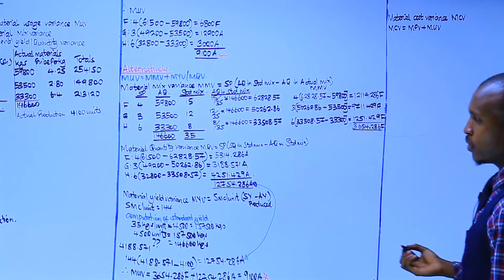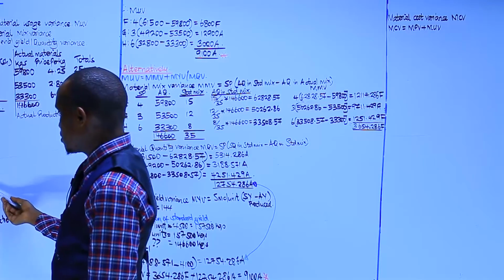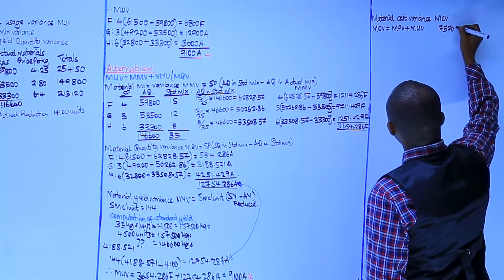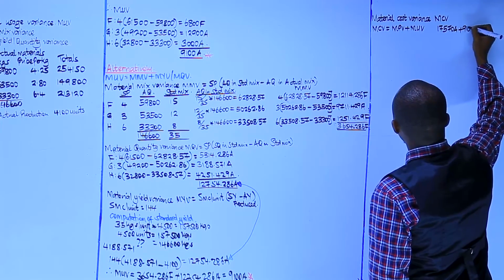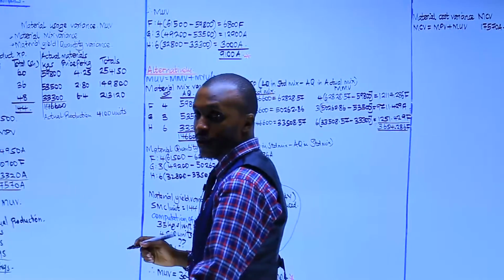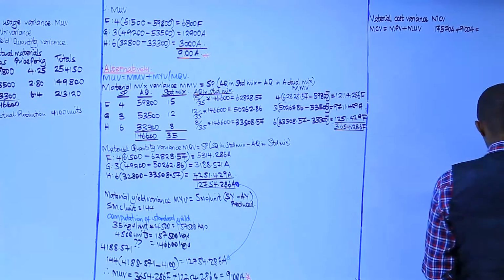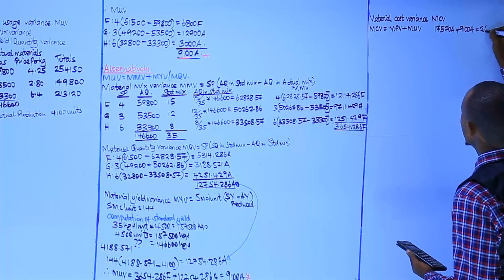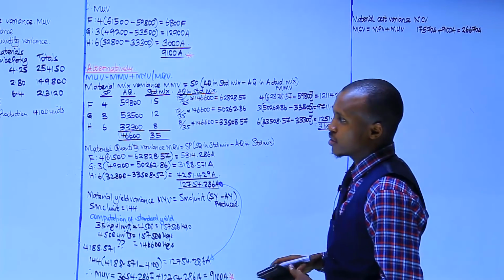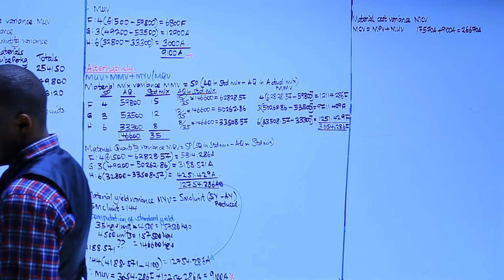Your material price variance is here, 17,570 adverse, plus 9100 adverse. 26,670, which is adverse.